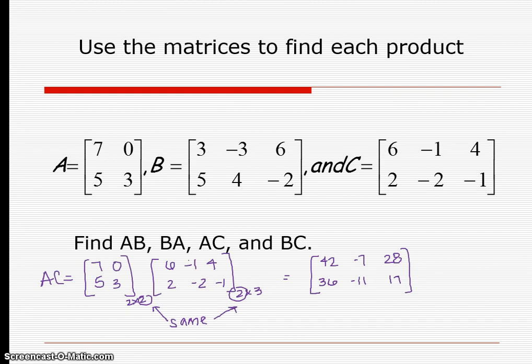When you do A times C, you're doing a 2 by 2 times a 2 by 3. Middle numbers match, so you can multiply them, and your answer should be 42, negative 7, 28, 36, negative 11, 17. Finally, when you do B times C, which is a 2 by 3 times a 2 by 3, middle numbers don't match, so that one is not possible.